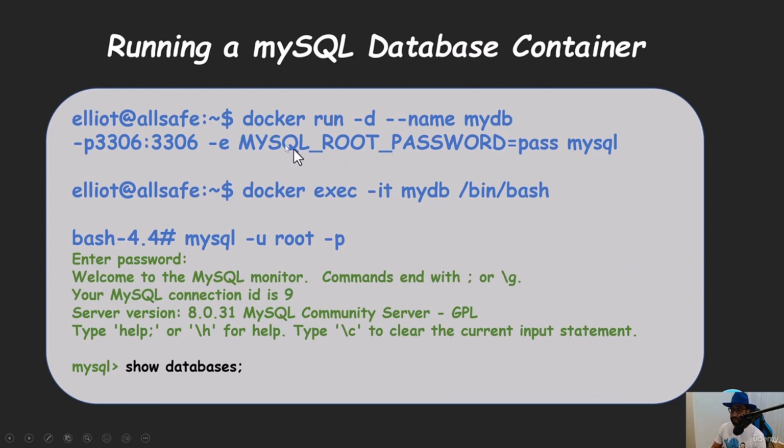We will set the environment variable MYSQL_ROOT_PASSWORD to whatever password you would like, and then after we run the MySQL database container, we will connect to it and show the databases inside our MySQL container. Okay, so let's do it.